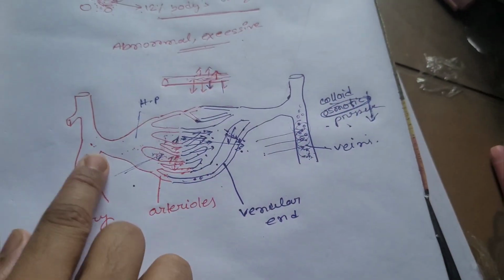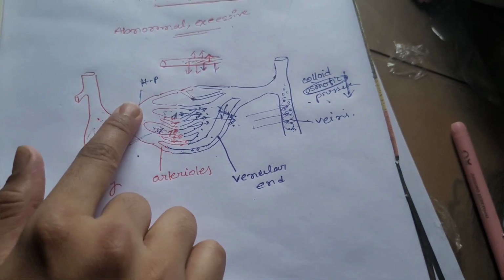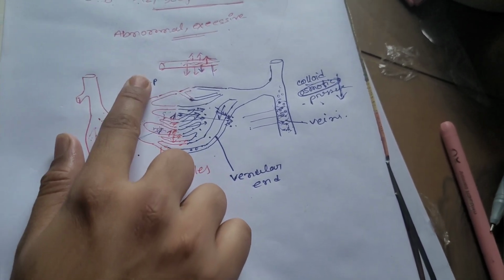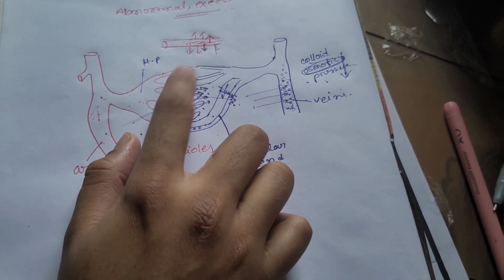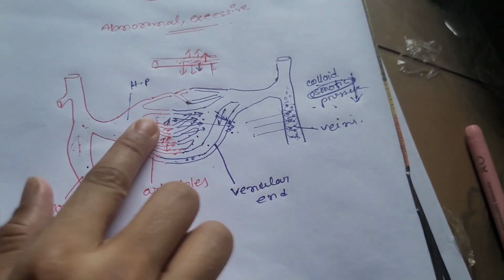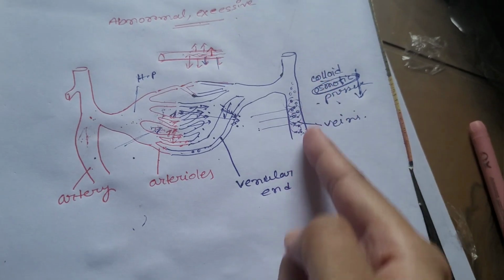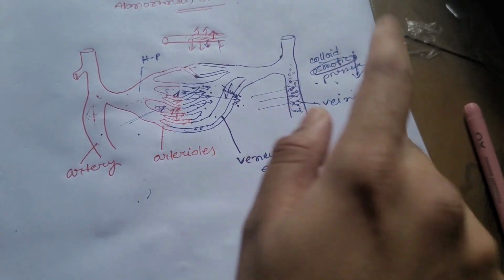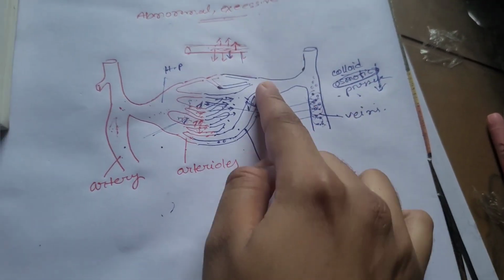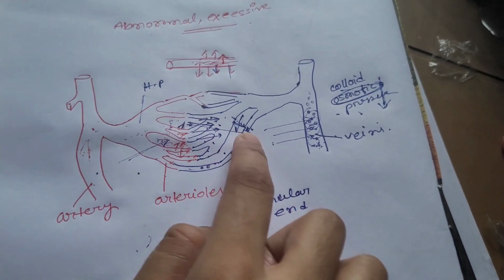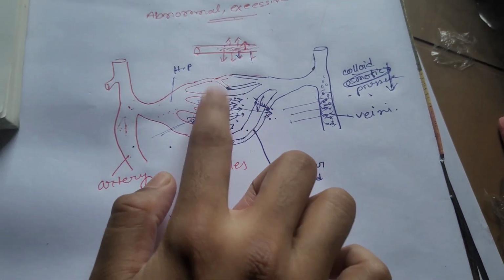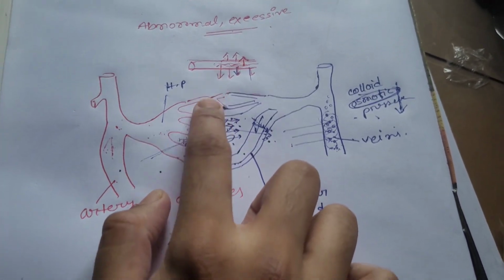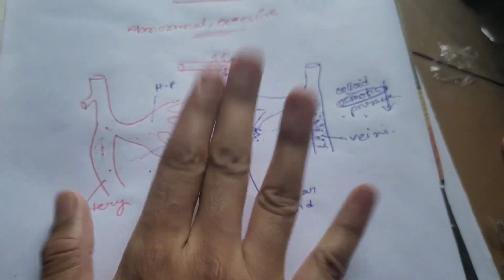So increased hydrostatic pressure causes edema, because more fluid escapes into the extravascular space. If this can be a cause, then decreased colloidal osmotic pressure can also be a cause of edema formation. When colloidal osmotic pressure is decreased, there is less entry of water back into the vessel and more accumulation in the extracellular space, so it will also lead to edema formation.